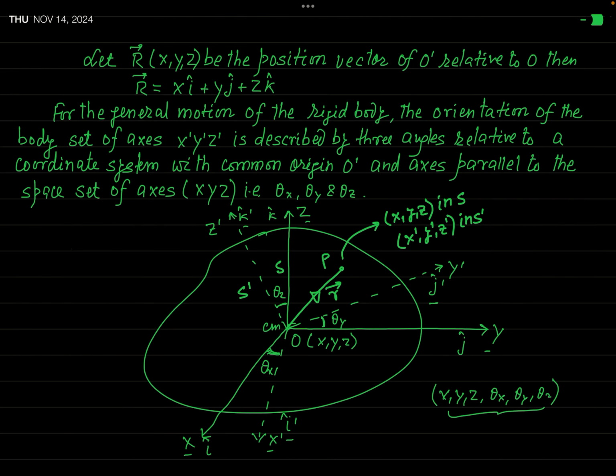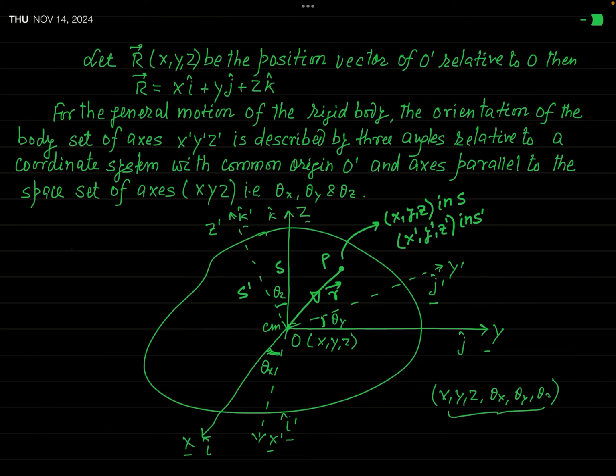I have shown here that there is a point P, and this point may be inside the body or may be outside of the body. Okay. And with respect to the common origin, when you say common origin, that means the origin of the space coordinate system and the body's coordinate system are the same, and that is at O. With respect to it, the position vector of this point P is R. Okay.